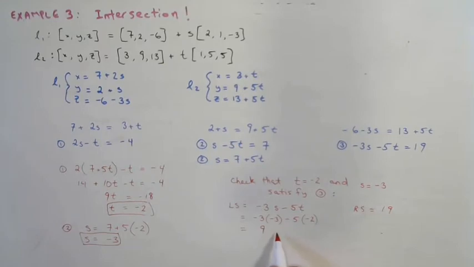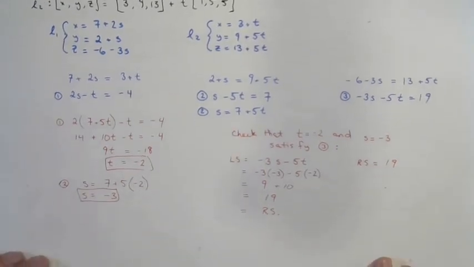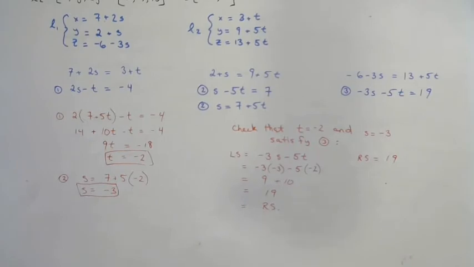Positive 9 plus 10 equals 19, which equals the right side. Therefore what? So this system has a unique solution, but the values of t and s don't tell us where that solution is.